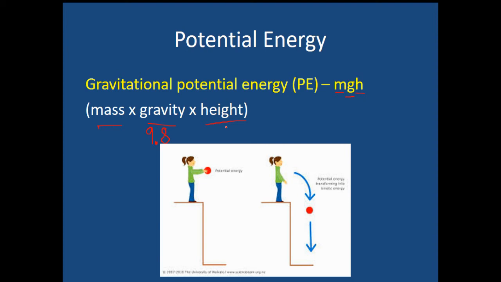So think about your cell phone. When you drop it from a couple feet off the ground, it hits the ground, it doesn't really crack. The reason for that is when you only had it a couple feet high, it had a very low potential energy. It wasn't very high.